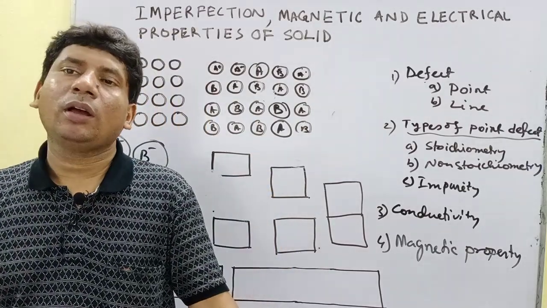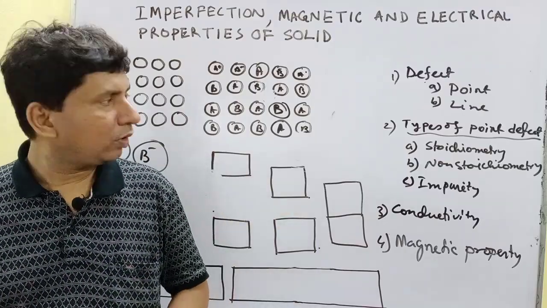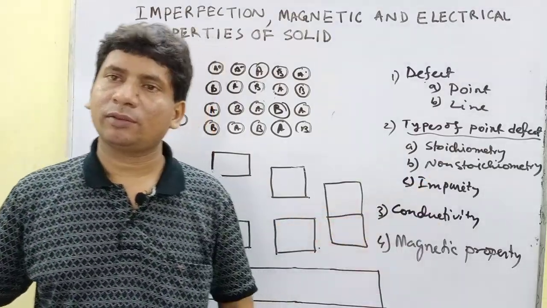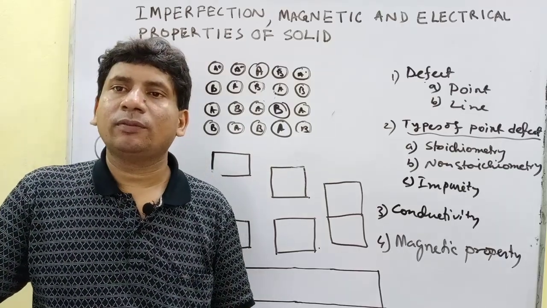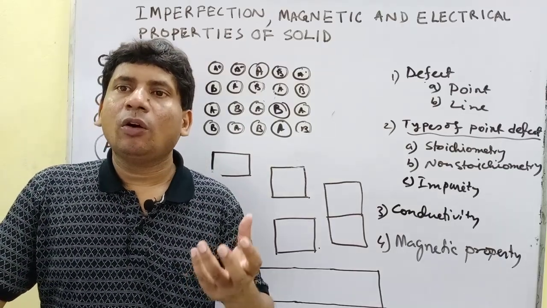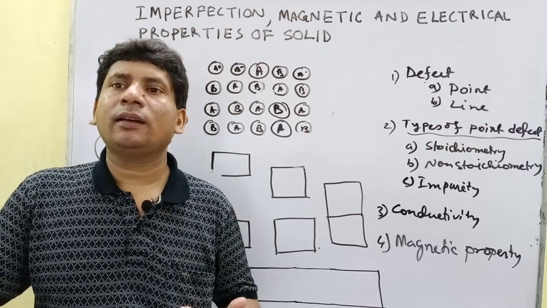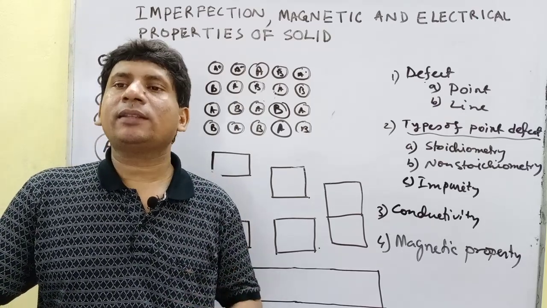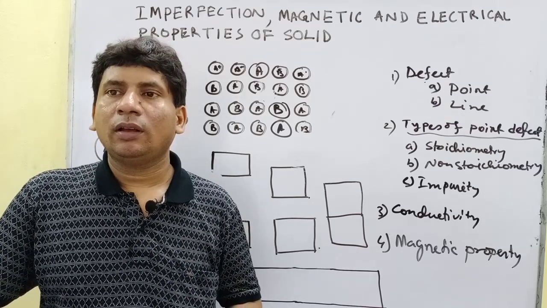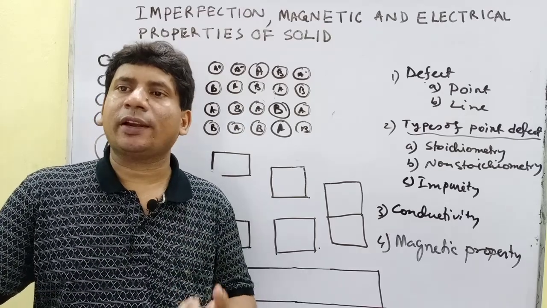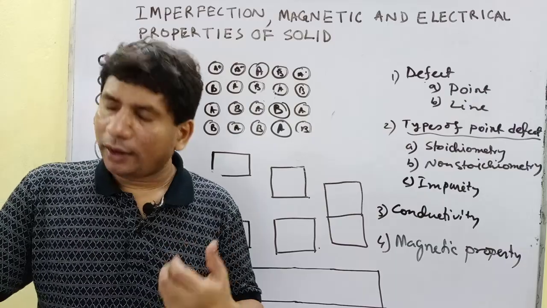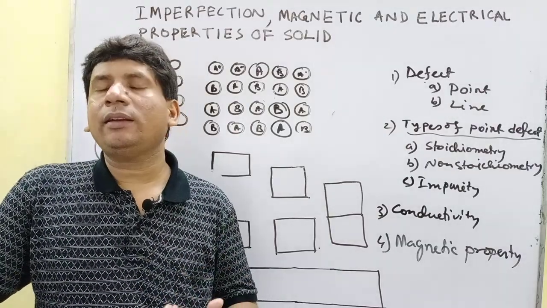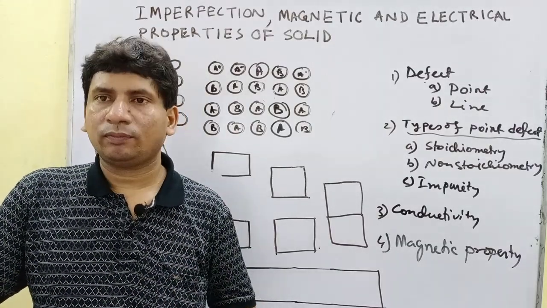Now, impurity defects. What are impurity defects? Impurity defects occur when foreign atoms are present at the lattice site in place of host atoms, or at a vacant interstitial position.